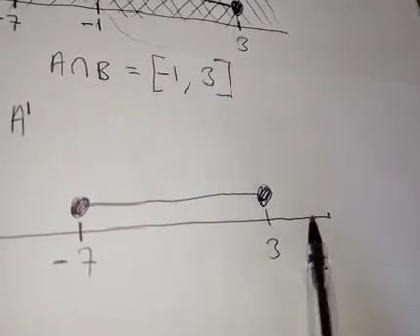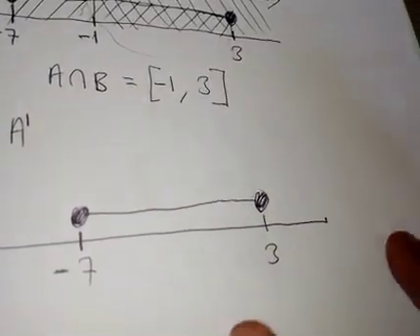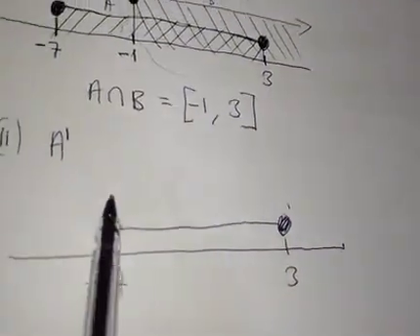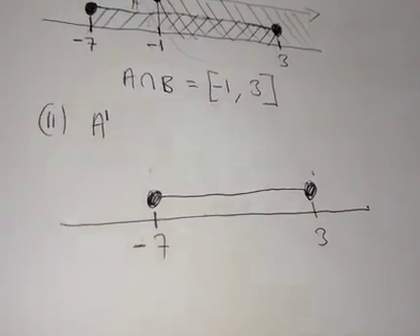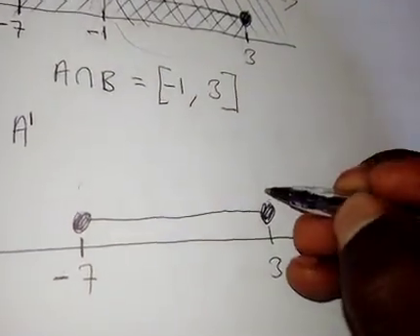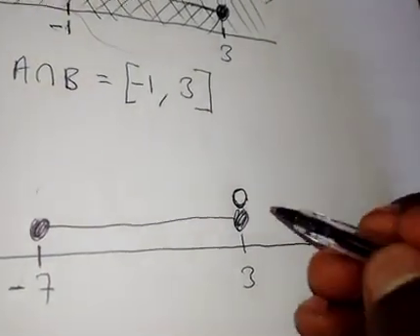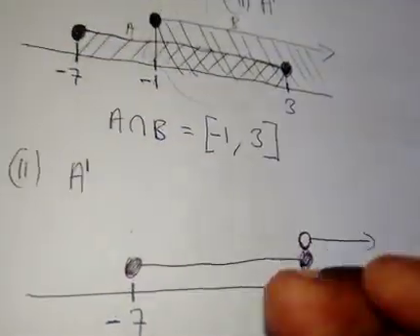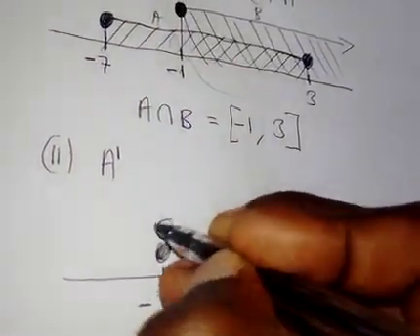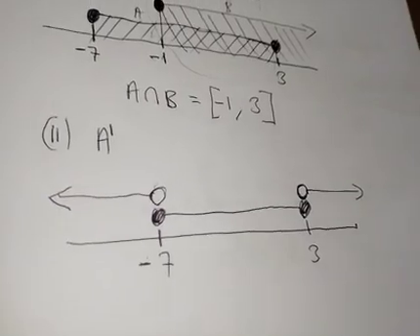Starting from 3.01 going this side, and from negative 7 going this side, that is A complement. On top of 3, you draw another circle to show A complement. It will go all the way up to infinity. On top of negative 7, it will go up to negative infinity this side.